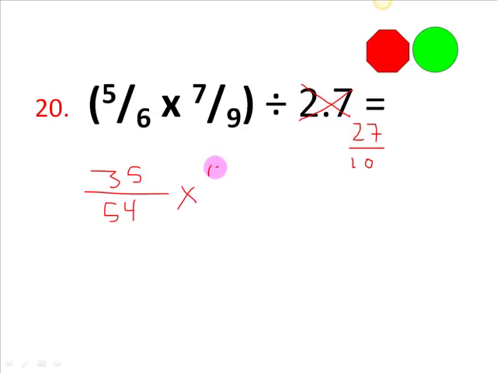So now this is going to be times 10 over 27. And this one's pretty easy. 35 times 10 is 350. And my denominator is going to be 54 times 27. That's going to be 1458.